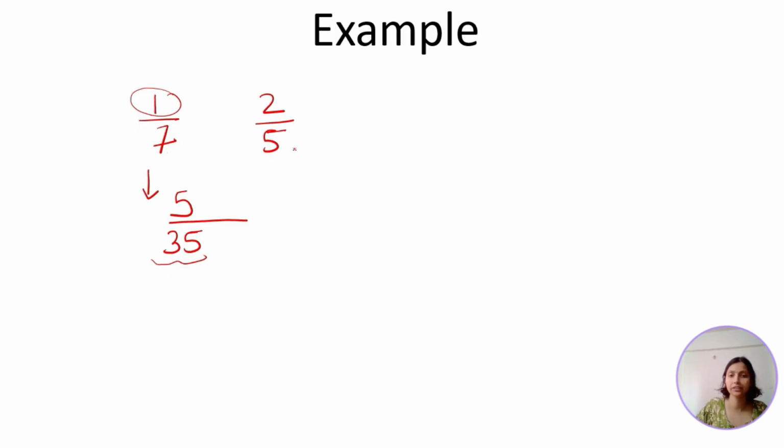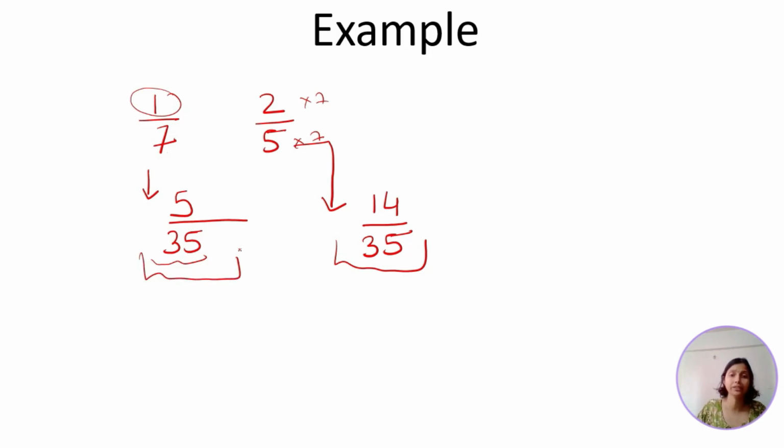So I got 5 by 35. 2 by 5 again, I will have to multiply 5 with 7 to get the denominator 35. So I need to multiply the numerator also by the same number to get the equivalent fraction so that value doesn't change. Now you can easily compare 5 by 35 and 14 by 35. 14 is greater than 5.